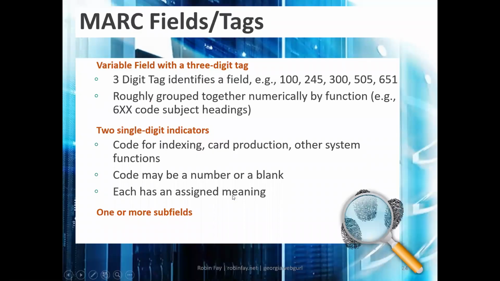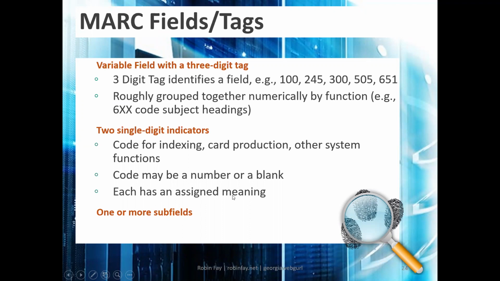So I already talked a little bit about this. This just gives you a more visual presentation of it. Variable field, you have 3-digit tags, and those are identified by a number, 100, 245, 300, whatever. They're roughly grouped together numerically by function. So for example, 6XX, the 600 range, is all related to subject headings of some type.